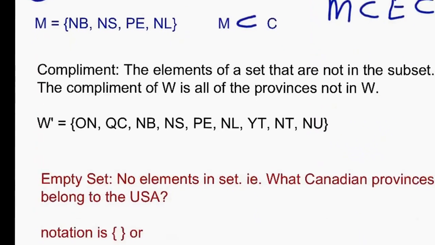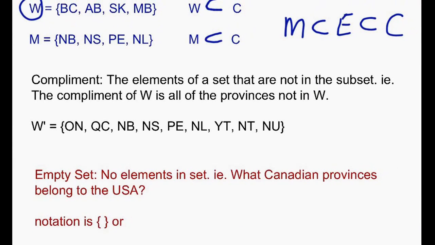So the western complement would be the eastern ones, Ontario, Quebec, all the maritime provinces, plus the 3 territories. You can see on here I called it W with a little prime or tick beside it, and that's the way we notate for complement. So for example, if I wanted to list the complement of the territories, we'd write it as T with that little prime beside it to show everything but the territories.